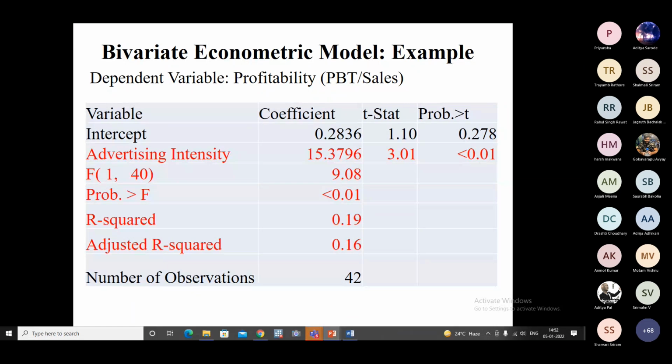Z statistic, for example, follows standard normal distribution. So it is linked with normality assumption.